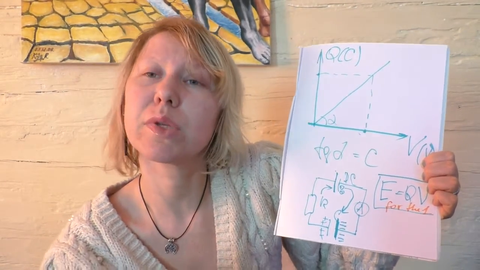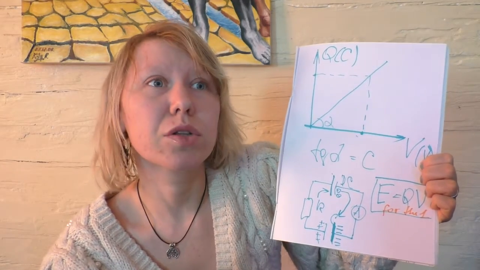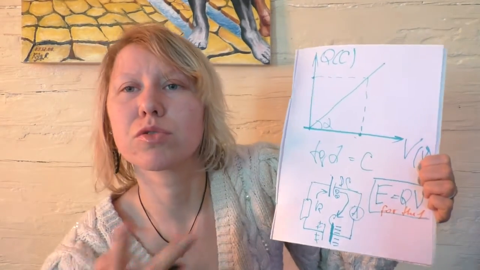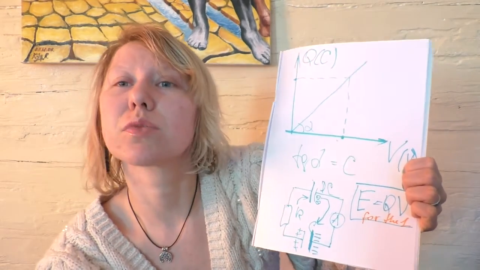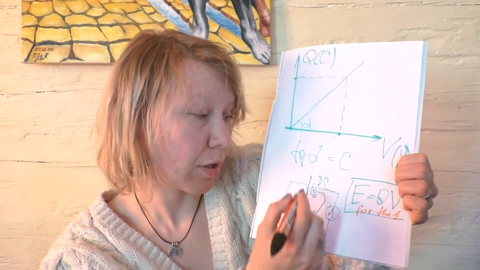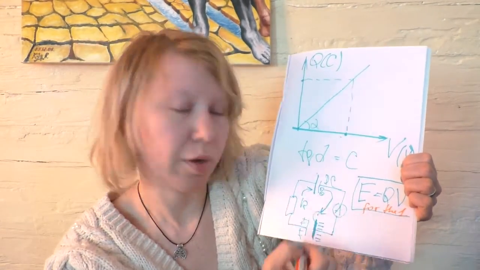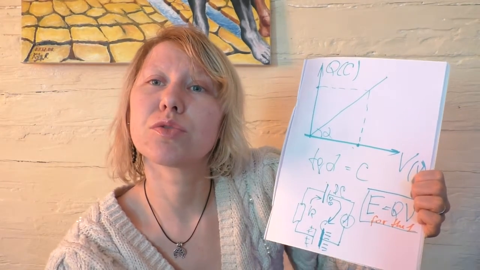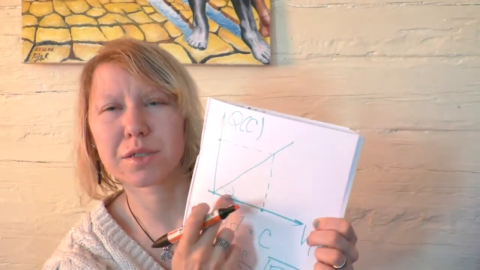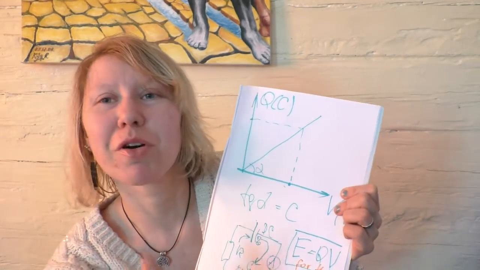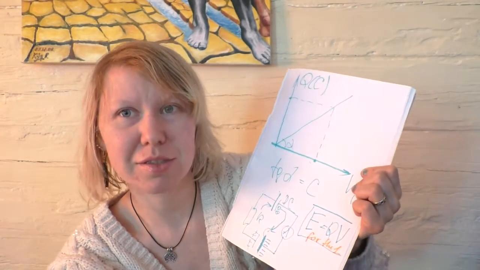That means we need to make more work. The more charge we want to put on the capacitor, the more work we need to make. This plot explains this as well.